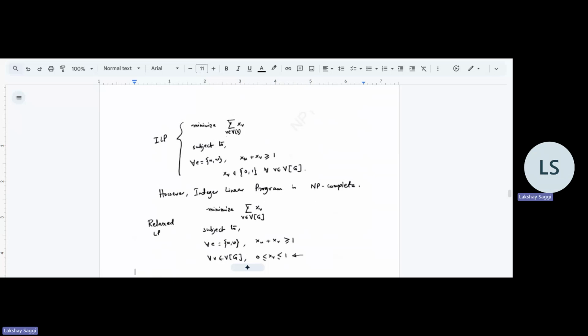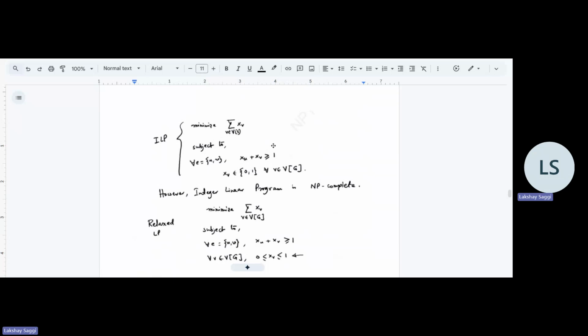And now we want to minimize the number of vertices, so we want to minimize the sum of these variables. And what should be the constraint? The constraint is that the solution should be feasible. In a vertex cover, feasibility means that every edge should be covered by at least one vertex in the solution. So for every edge with endpoints u and v, either u lies in the solution set or v lies in the solution set, or both.